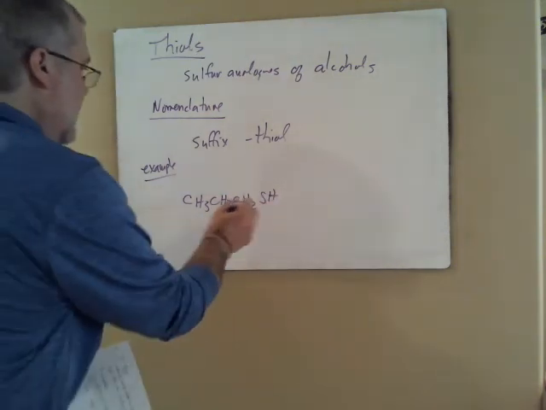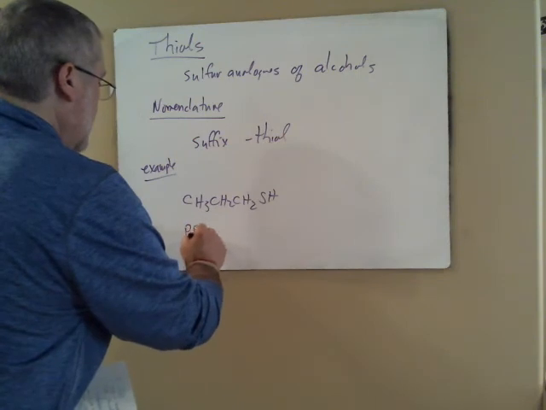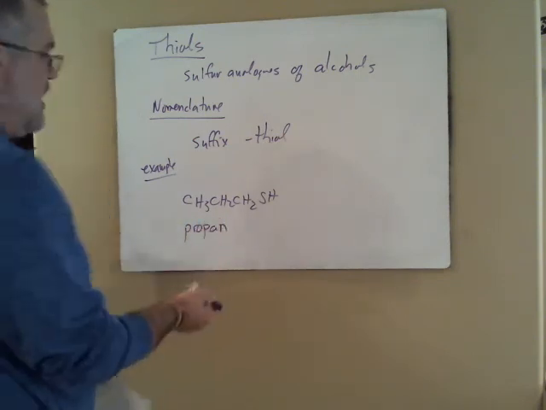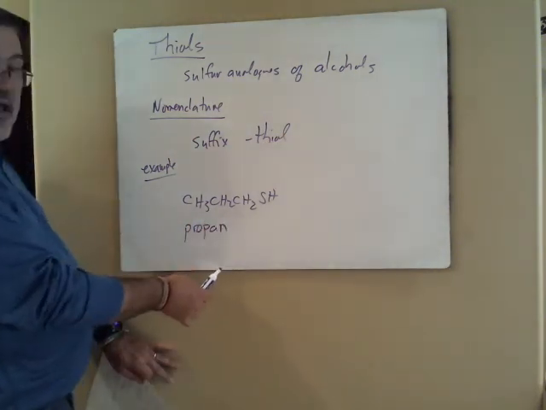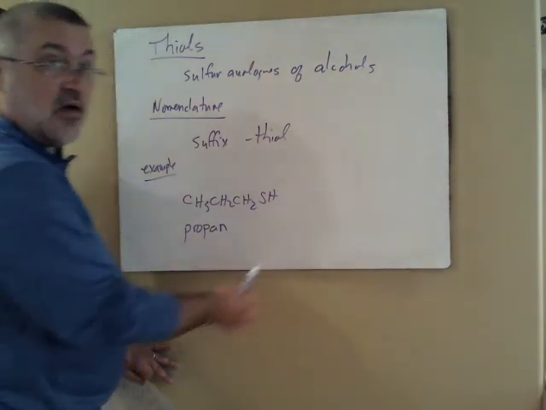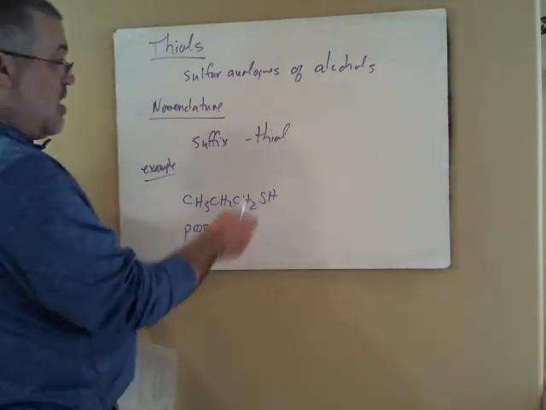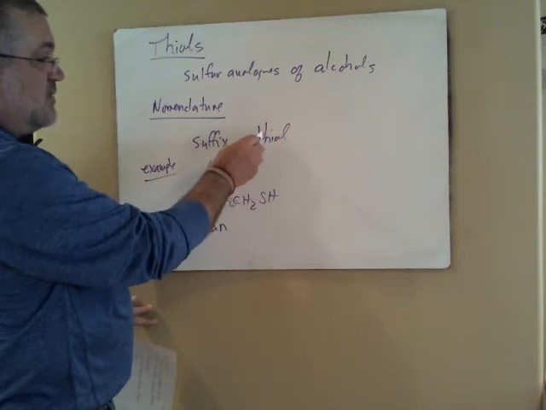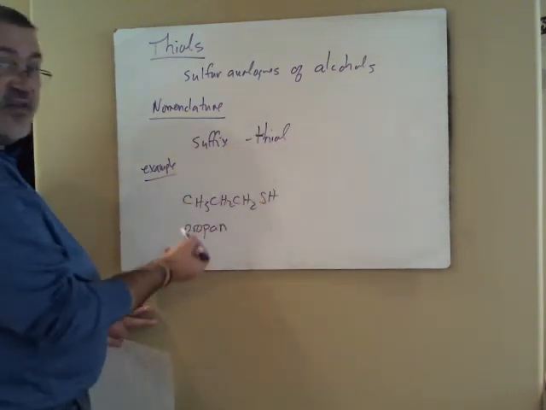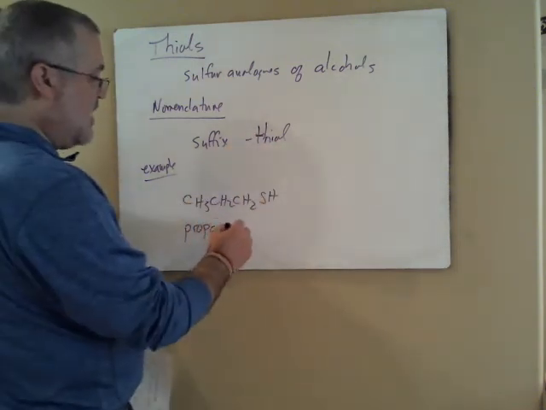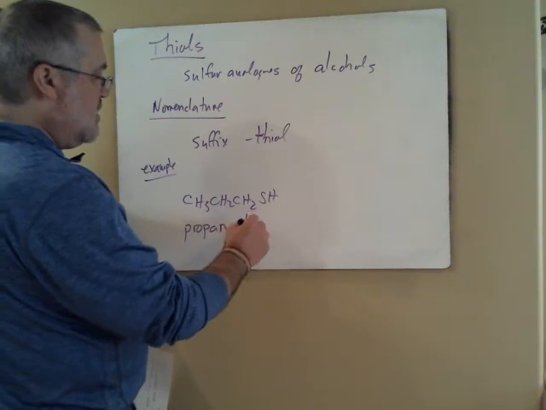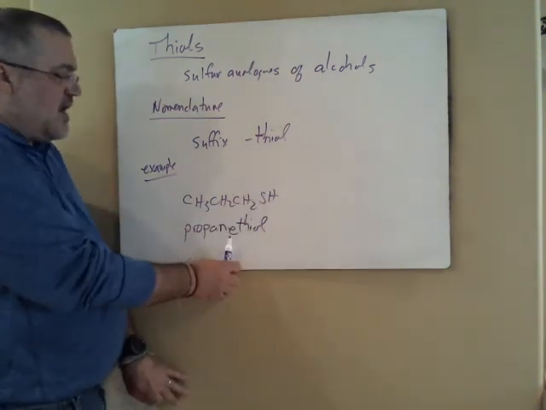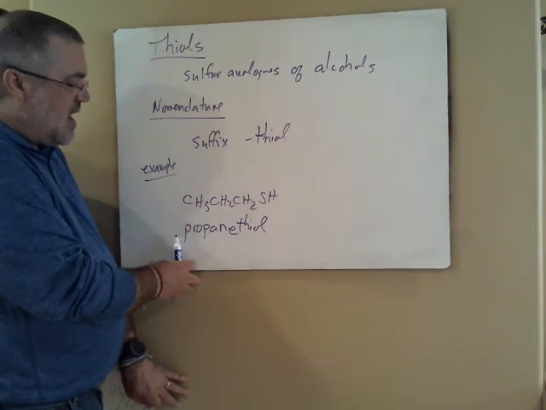So this would be propane, and normally, remember, we would drop the E and add OL, but our suffix starts with the T. And so what did we always do in that case? We left the E. So all thiols, you actually leave the E for the alkyl group.